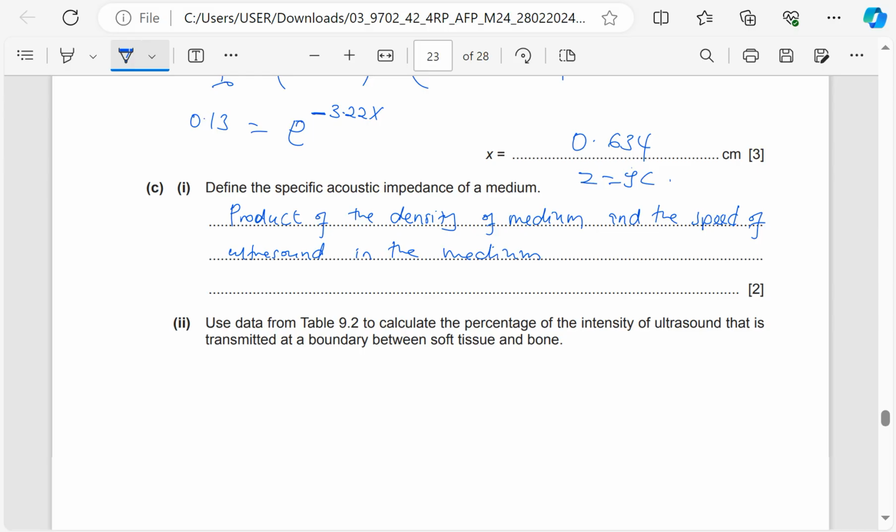The product of the density of the medium and the speed of ultrasound in the medium, that is specific acoustic impedance Z.